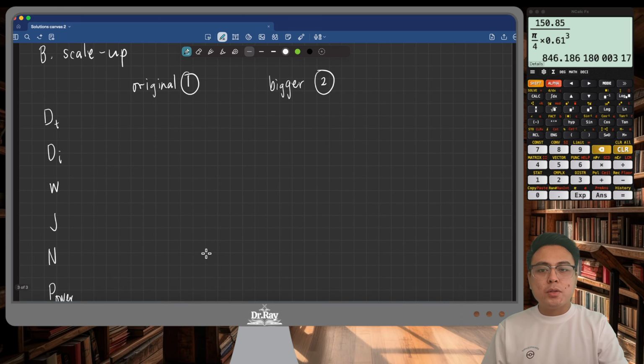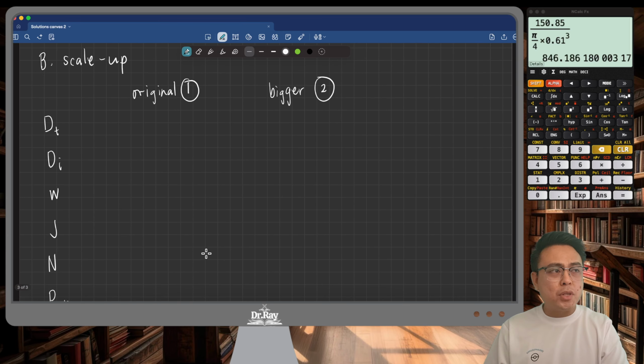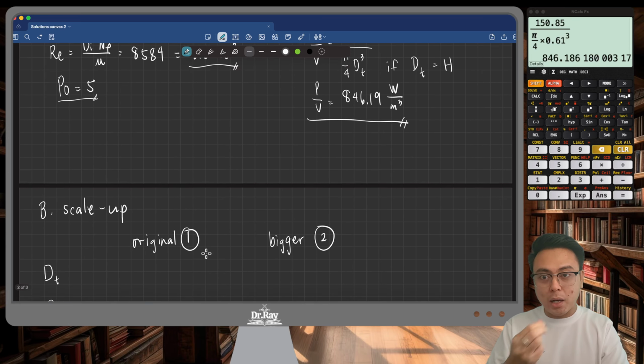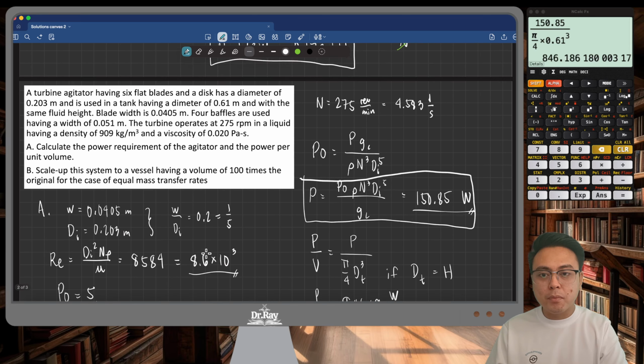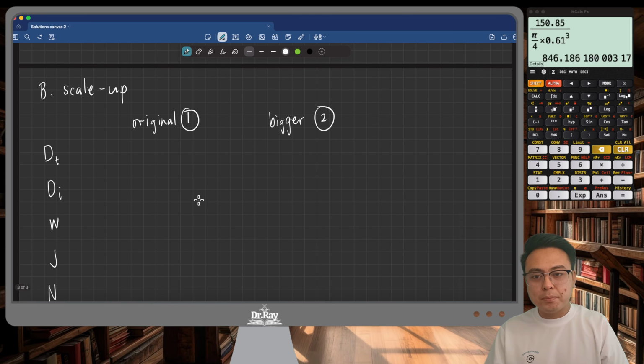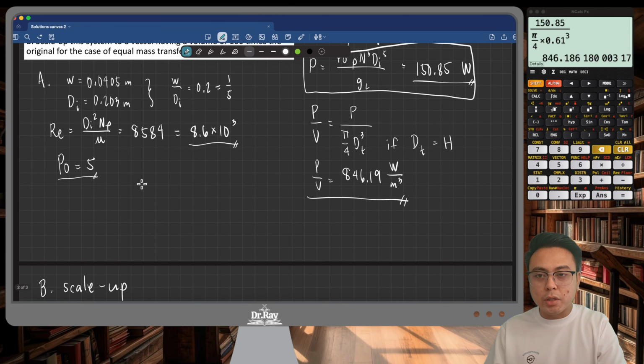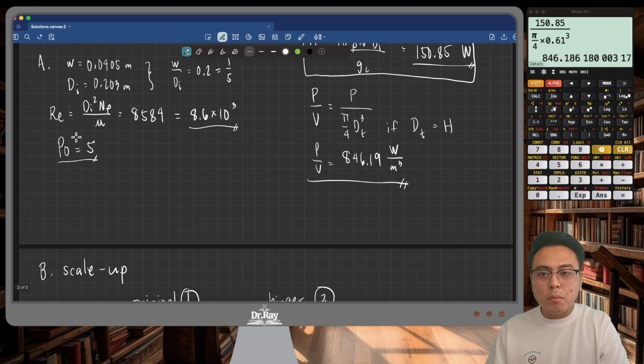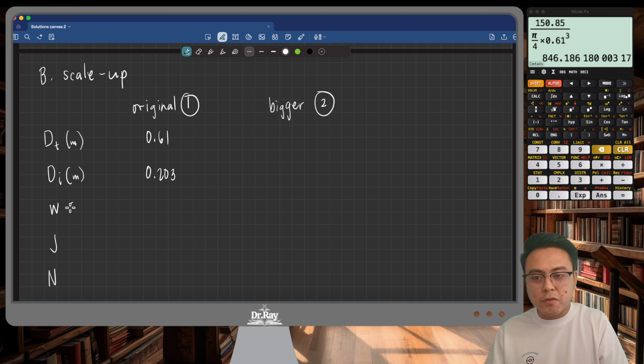Okay, so let me just list down some of the stuff for the original agitation system. Tank diameter is 0.61 meters. Impeller diameter is 0.203. Blade width 0.0405.